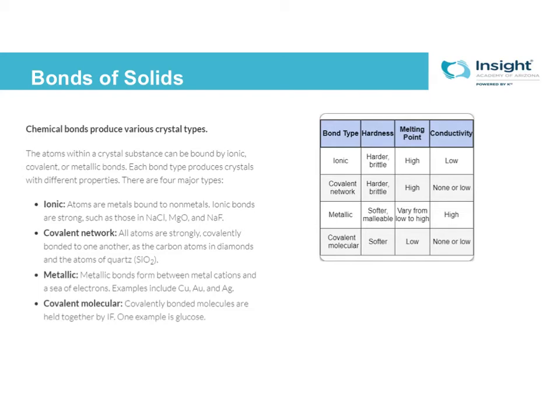Table salt is probably the most common example, but essentially anytime you combine a positive ion and a negative ion in an ionic bond. The characteristics of ionic bonds is that they are super strong. They are the strongest of all of these. They are the hardest, the brittlest. They have the highest melting points.